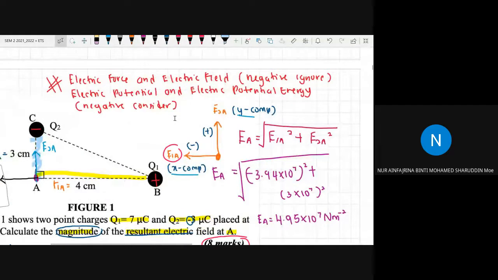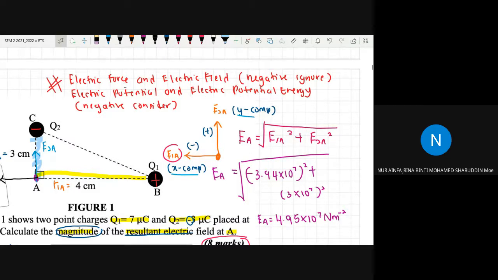Okay, so electric force dengan electric field, bila awak jawab soalan dia, untuk charge dia, awak ignore dia punya negatif. So, awak perlu ambil positif sahaja. Tetapi, untuk electric potential dengan electric potential energy, awak kena consider charge dia negatif.